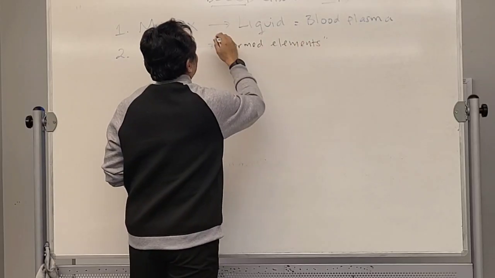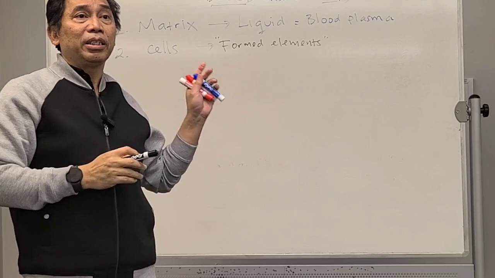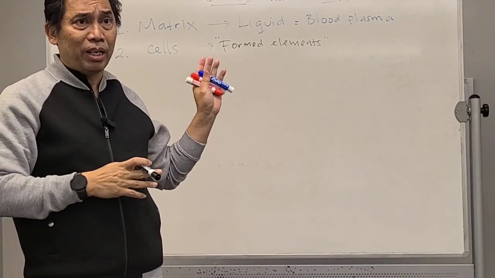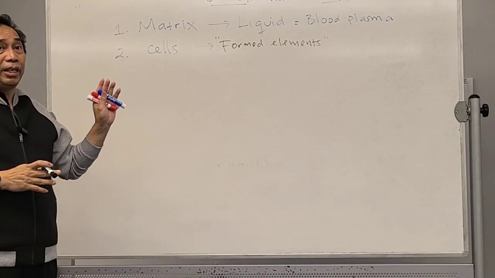Okay, form elements. This is the name of the cells of the blood. And again, we're going to learn there are several types of form elements in the blood tissue. Okay, you got this one first.